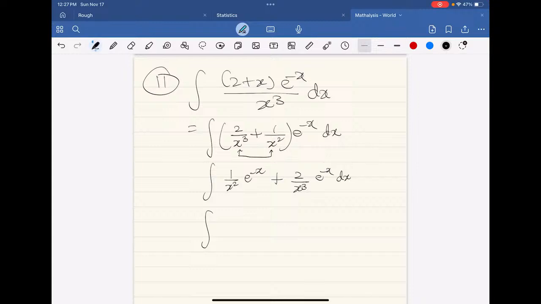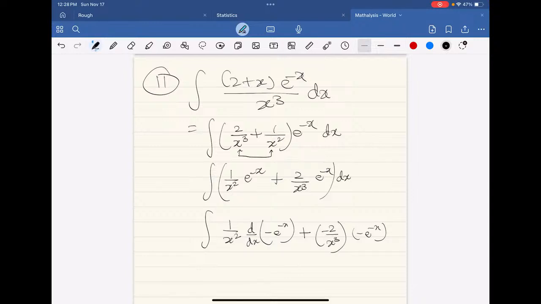Oh wow, so now I can see this as 1 by x square, and then the derivative of negative e to the power negative x, plus negative 2 by x cube, and then negative e to the power negative x.